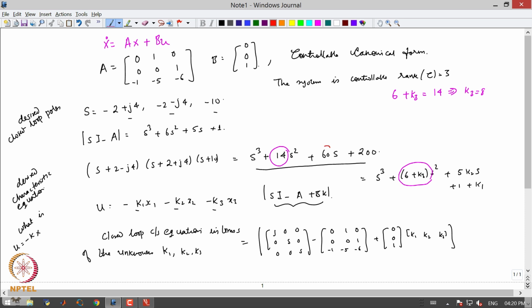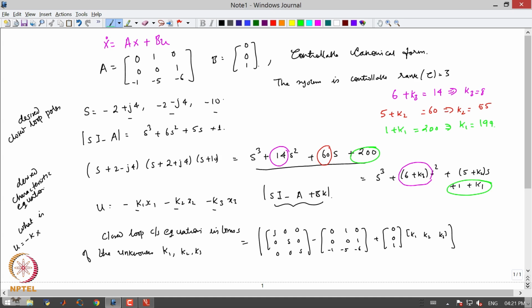Similarly, I look at the coefficient of S, which is 5 plus k2 times S. 5 plus k2 is 60, therefore k2 is 55, and the last expression says 1 plus k1 is 200, and therefore k1 is 199.